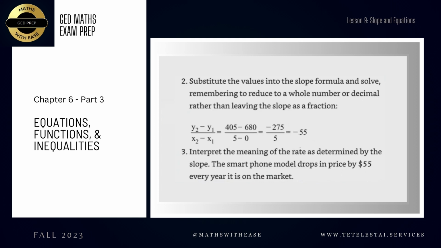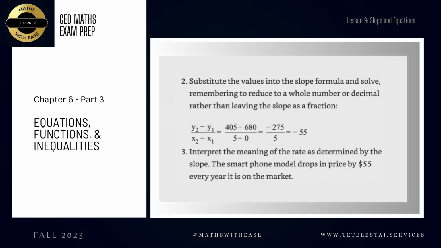We decided that 5 is x2. So we're going to plug in 5 here, and we're going to subtract from that x1, which is going to be 0. You can see that that's what they've done here, subtracted 0 from 5. And then you just continue with your procedural operation, which in this case is a division, where negative 275 divided by 5 is negative 55.